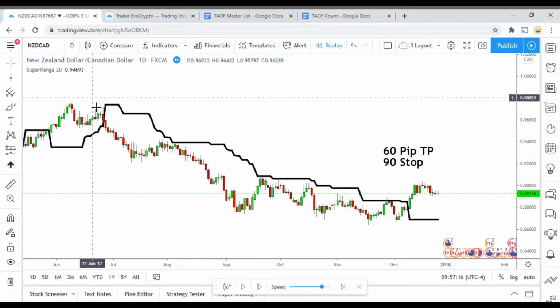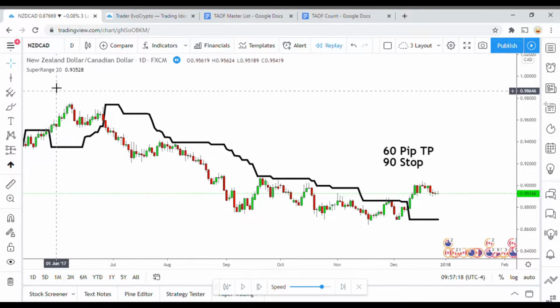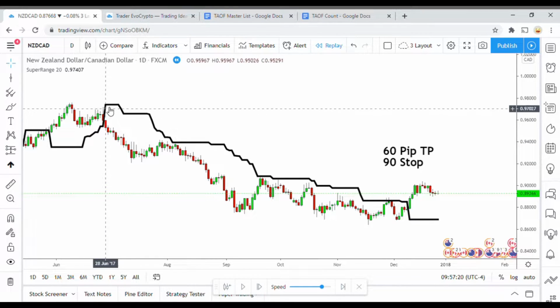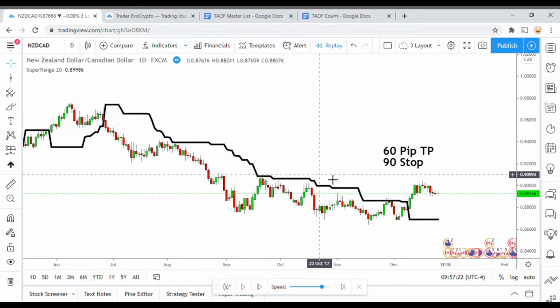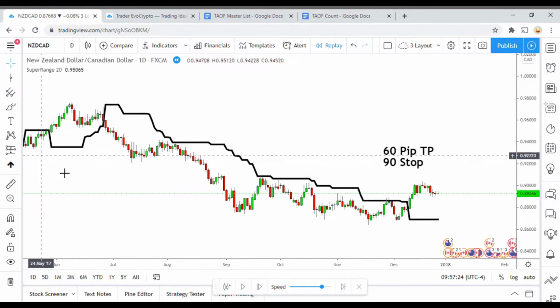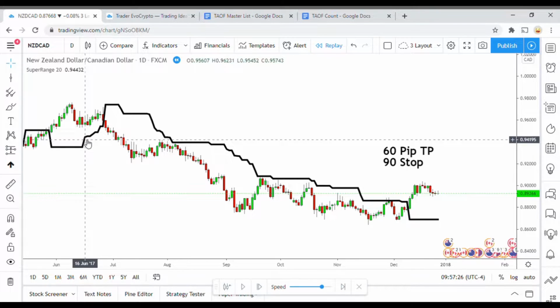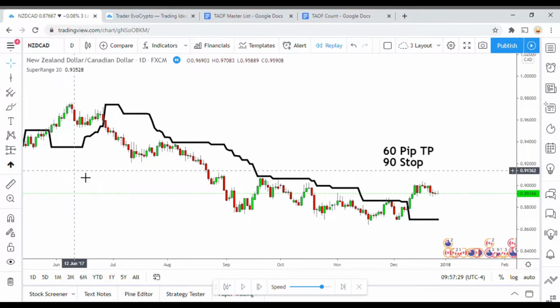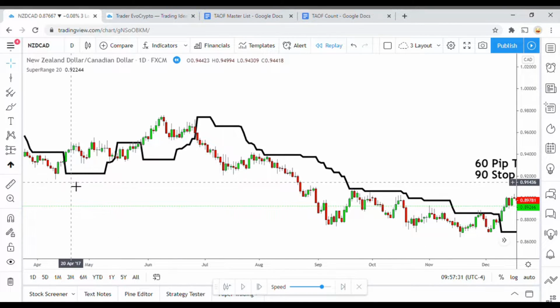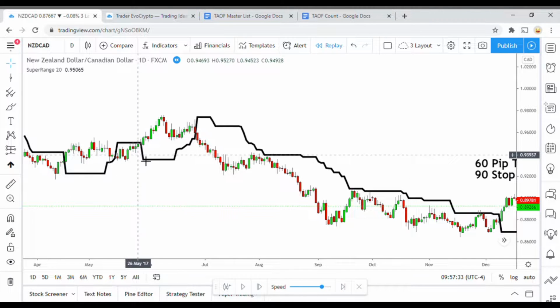There we go. Basically the backbone of the super range indicator is this indicator line right here. It looks very similar to something like magic trend. But basically, it's pretty simple.